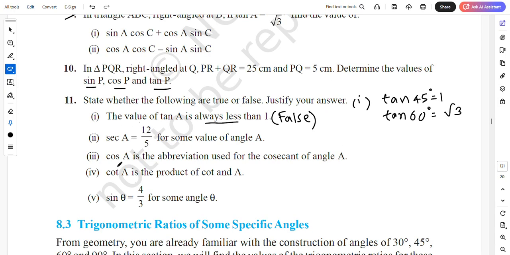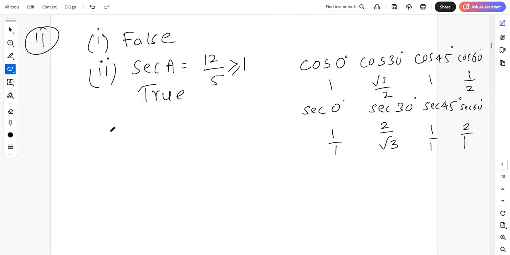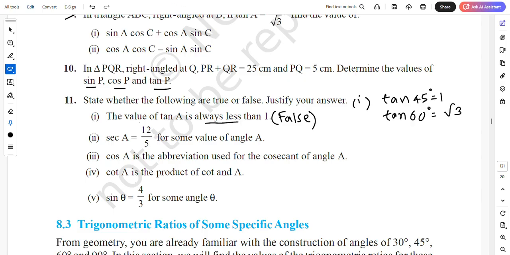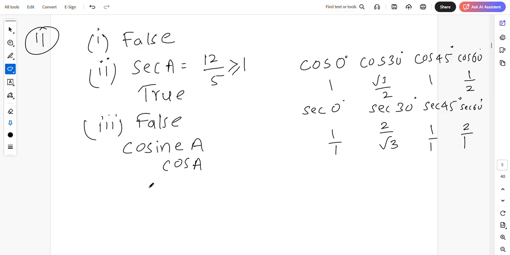Number 3 is: cos A is the abbreviation used for the cosecant of angle A. No, cos A is the cosine of angle A. The cosecant of angle A is cosec A. So this is false.